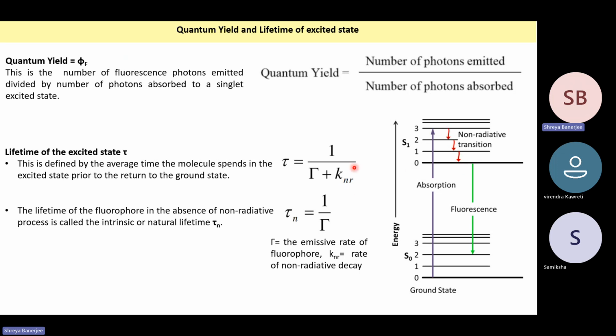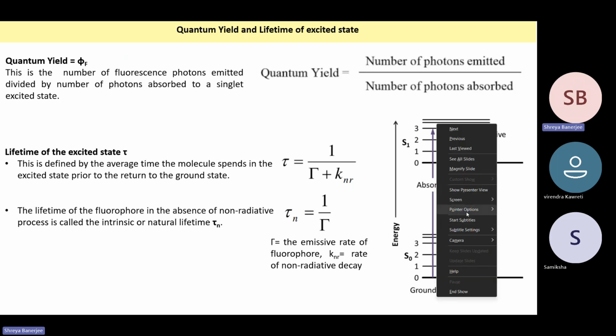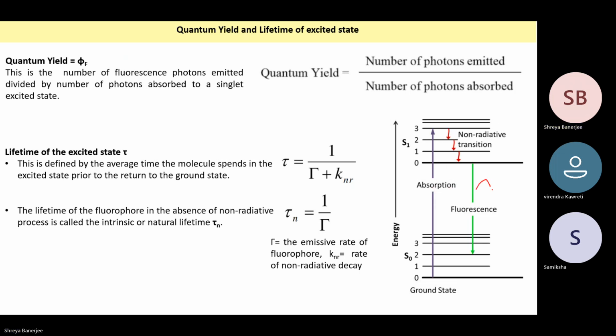They are defined by this k_NR term. And then you can have fluorescence where it is coming down from S1 to S0, giving rise to a wavelength of, say, h nu. This is called a radiative process, which is defined by this term.